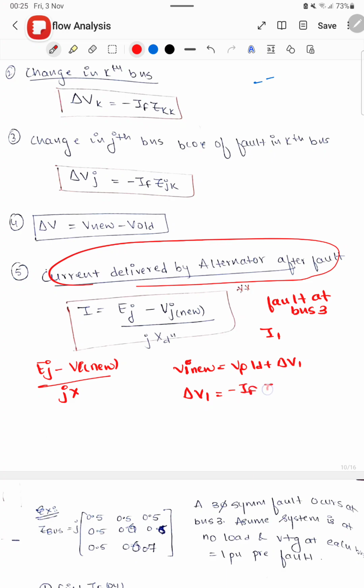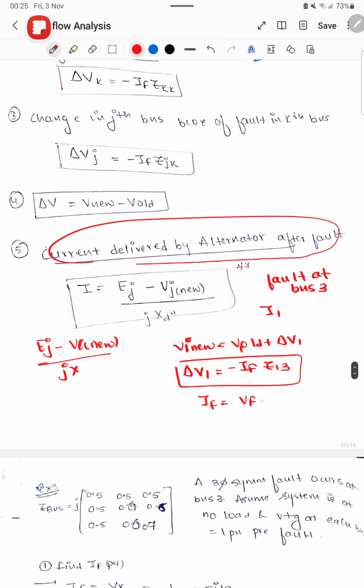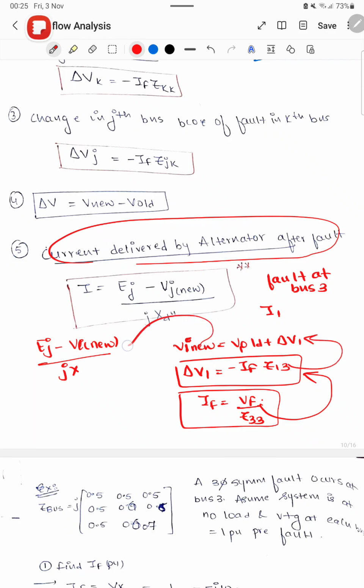Minus If Z13. Now, If is what? If is nothing but Vf upon Z33. Since the fault is at bus 3, you will substitute If in delta V. From delta V you will get V1 new. V1 you will substitute in the current formula, and you will get the current delivered by alternator at bus 1 because of fault at bus 3.